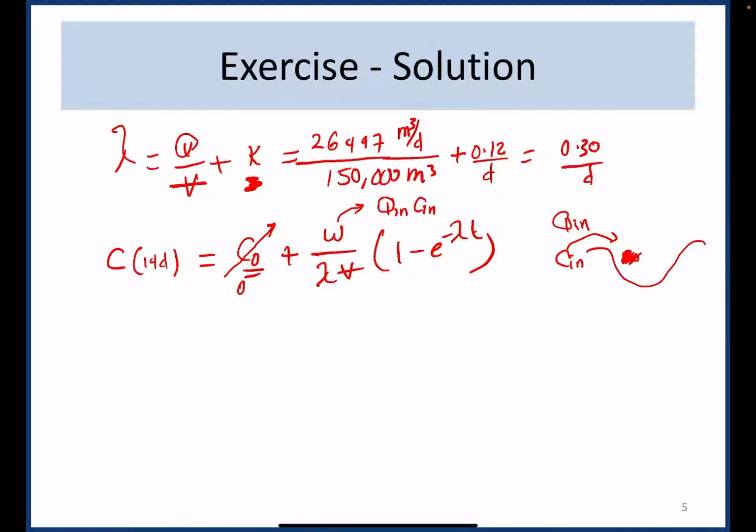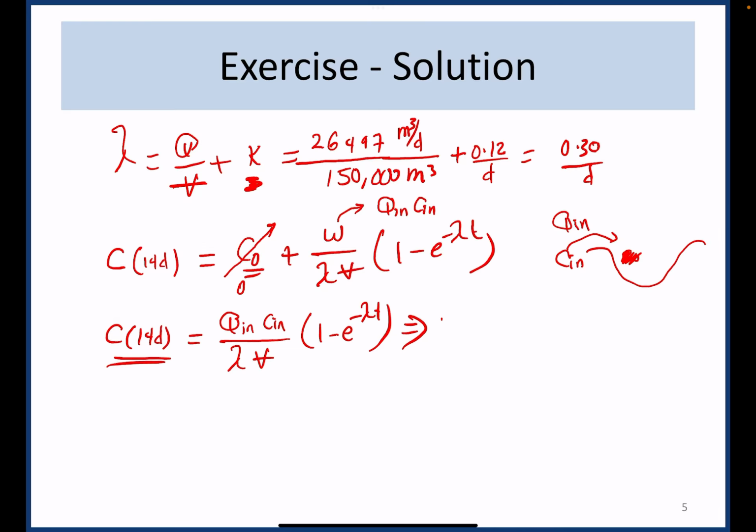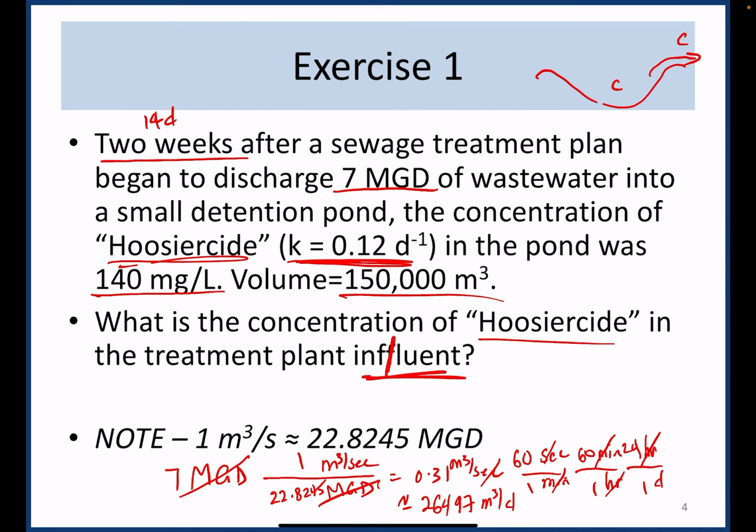We're not going to include it. Okay? So now we'll put the concentration after 14 days equal to Qn Cn over lambda volume times 1 minus e to the minus lambda t, and that would give you C after 14 days, which is 140 milligram per liter.